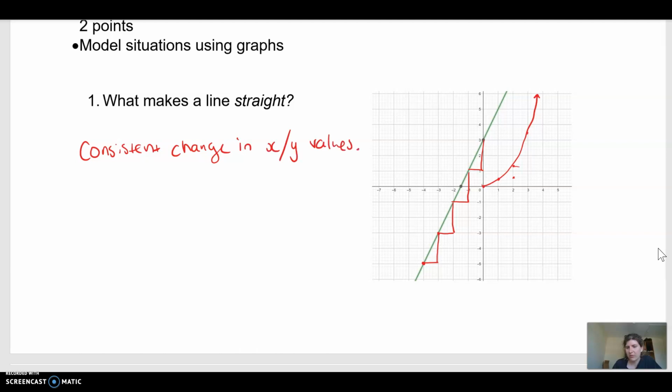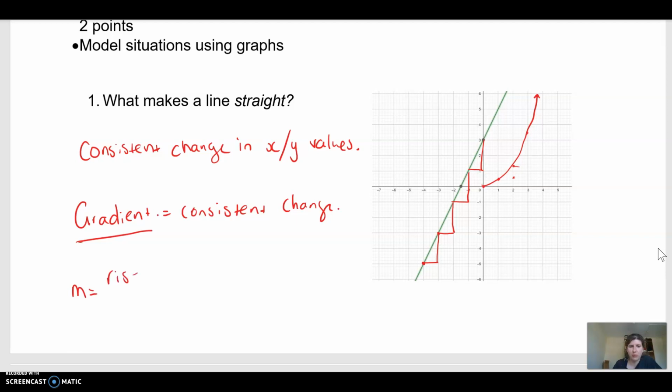Now, we've got a special name for that consistent change, and that is a gradient. The gradient is, in straight line graphs, that consistent change that you see. And you should remember that the way that you find a gradient, you can do two different calculations.